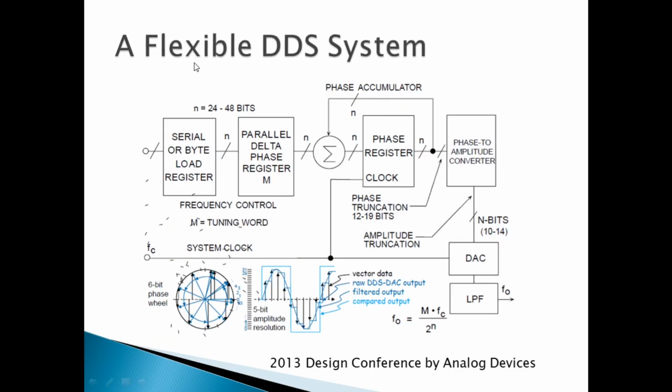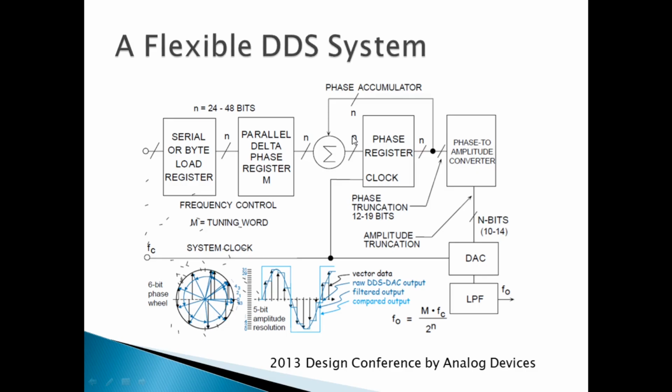Here you see a flexible DDS system because it has a capability of programming it and sending the serial byte load register data into the parallel delta phase register, which contains the tuning word M. The phase accumulator has a register which contains the lookup table.